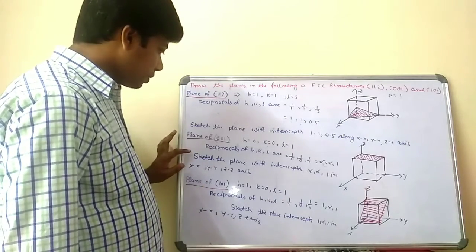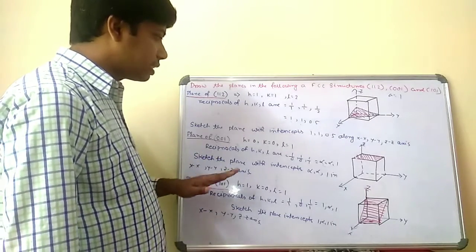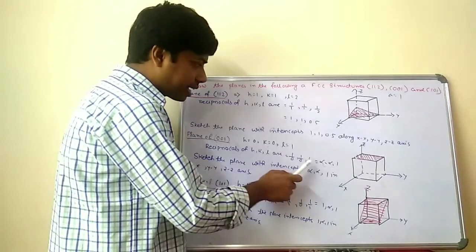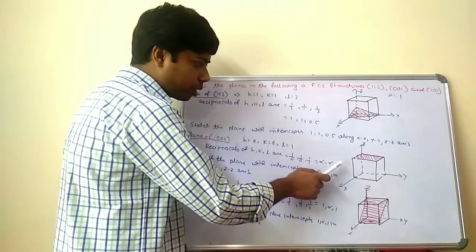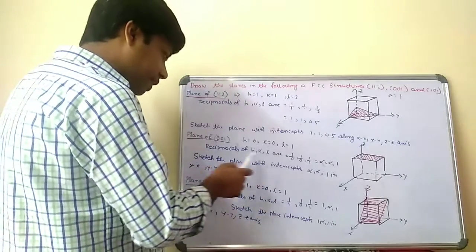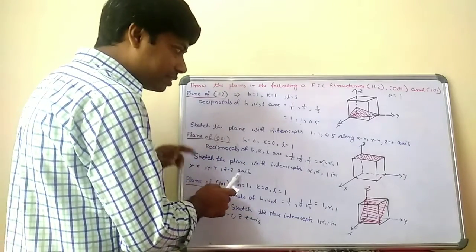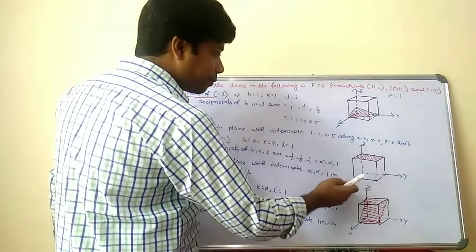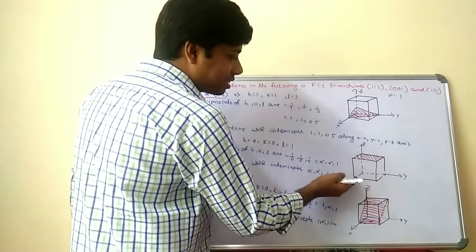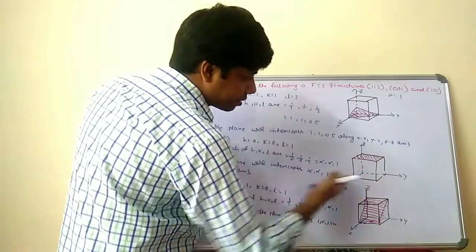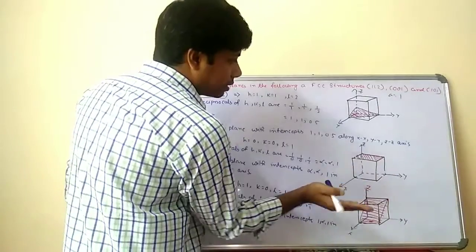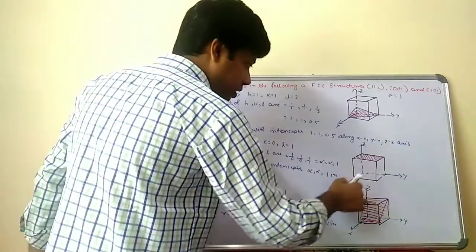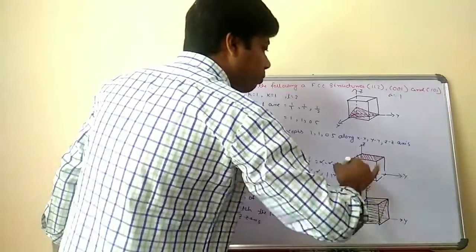Now, sketch the plane with the intercept. The intercept point is infinity, infinity, 1, on the x-axis, y-axis and z-axis. Infinity on the x-axis and y-axis means this is the x plane and this is the y plane.